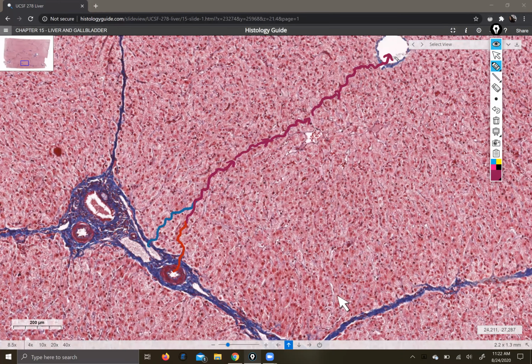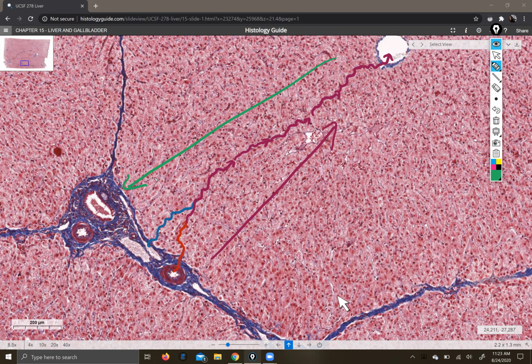Other cool thing, there are little channels for bile that you can't see that well on this particular slide. You need a special stain for it. So the general direction of blood in the liver is from the edge of a lobule towards the center. The general direction of bile in a lobule is from the center towards the edge, because of course it has to drain into that bile duct and then be carried away.